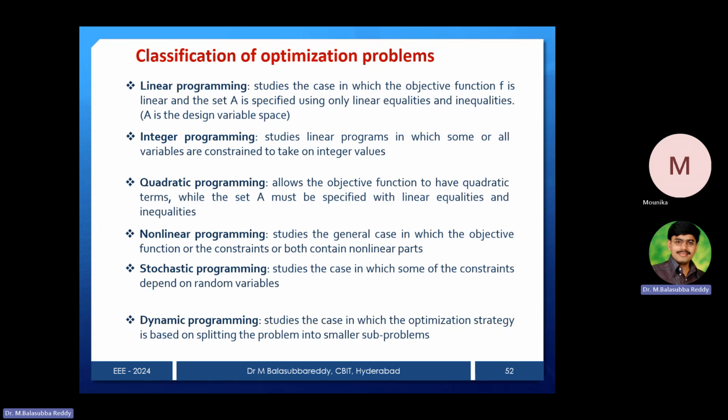The weightages sum to one, like 0.2 f1 plus 0.8 f2. We are able to get the problem optimized using single objective as well as multi-objective optimization. That is one of the methods we may have.